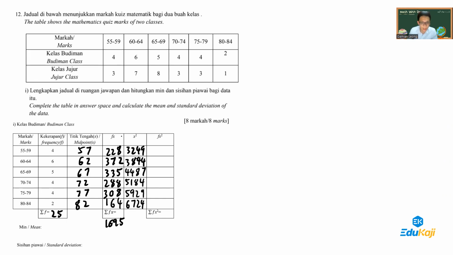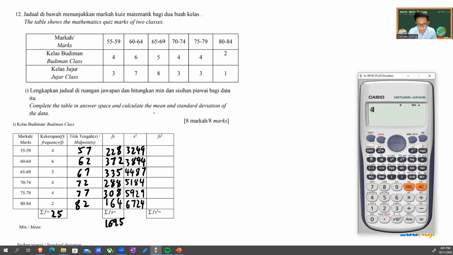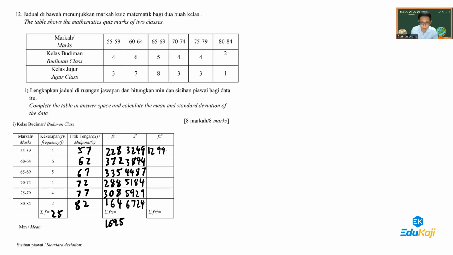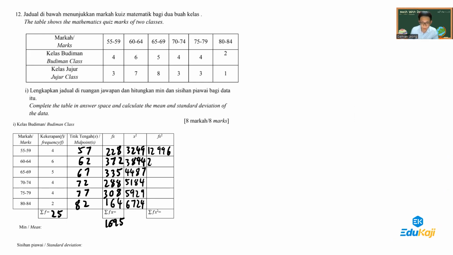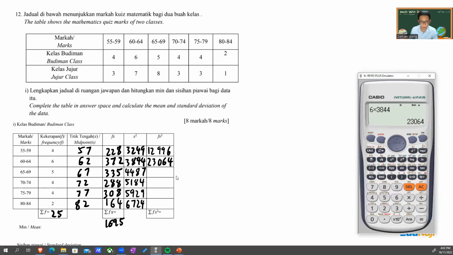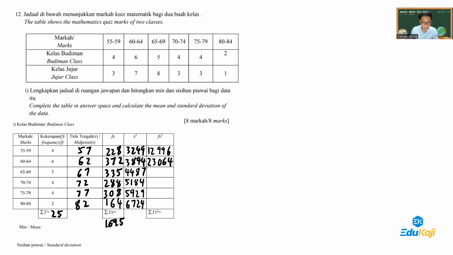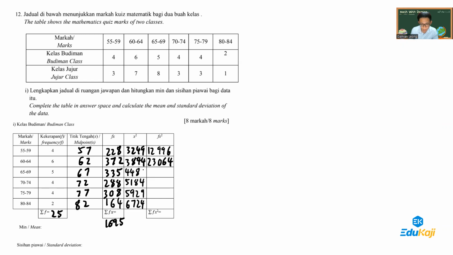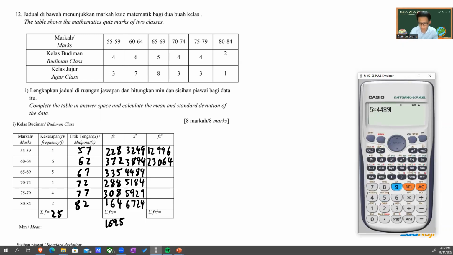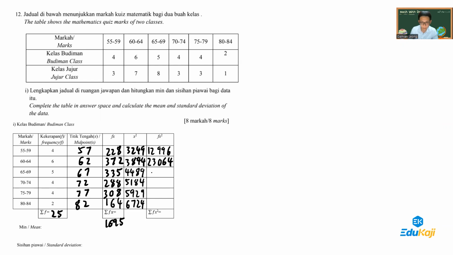fx square, frequency times the x square values. 4 times 3249, 12996. 6 times 3844, 23,064. 5 times 4489, sorry, this is 9, 22445.